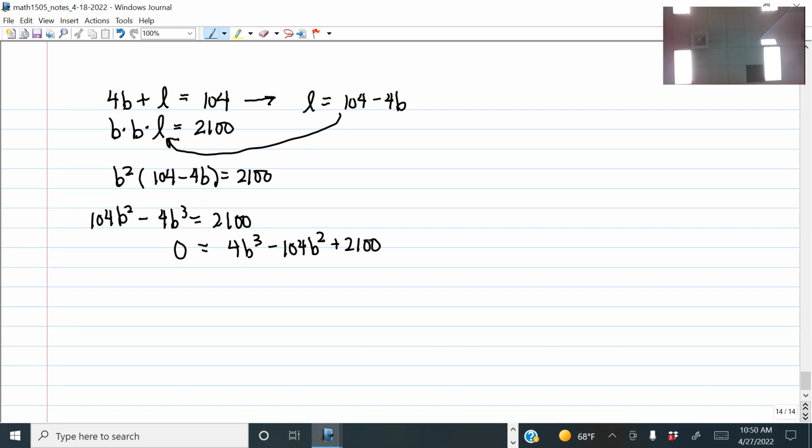And you can simplify that equation a little bit by dividing everything by 4, just to make the equation easier to look at. And so you get B cubed minus 26B squared plus, what's 2,100 divided by 4? 525? And yeah, that's it. There's the equation we want to solve.